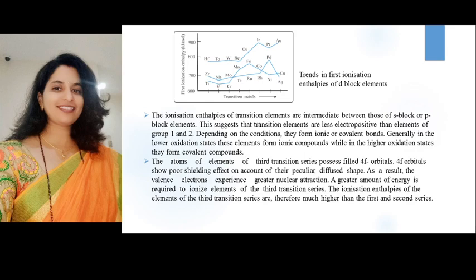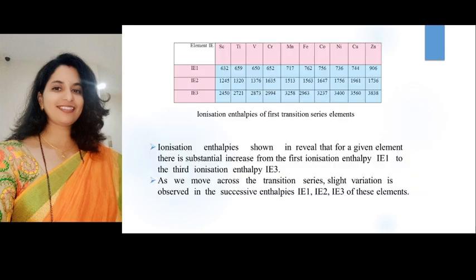As a result, the valence electron experiences greater nuclear attraction. A greater amount of energy is required to ionize elements of the third transition series. The ionization enthalpies of the elements of the third transition series are therefore much higher than those of the first and second series.